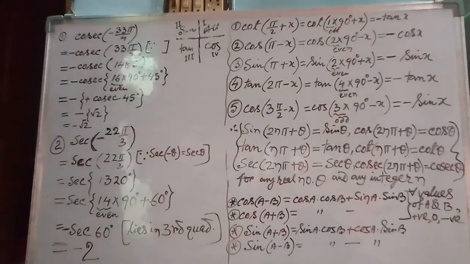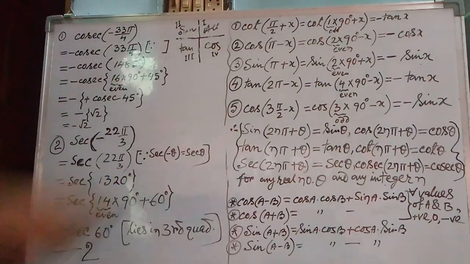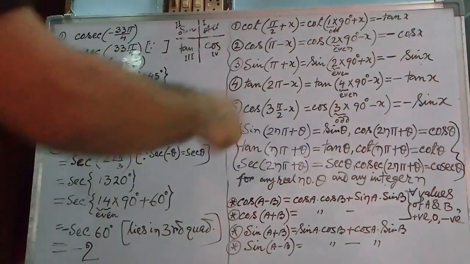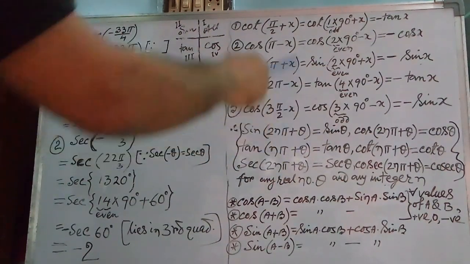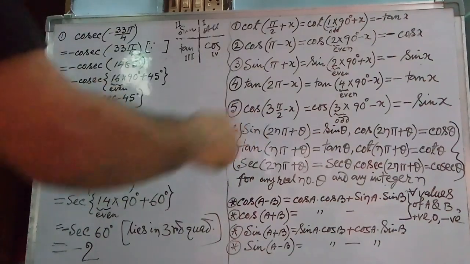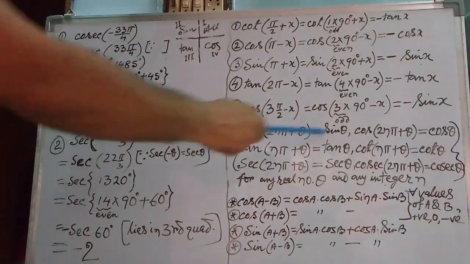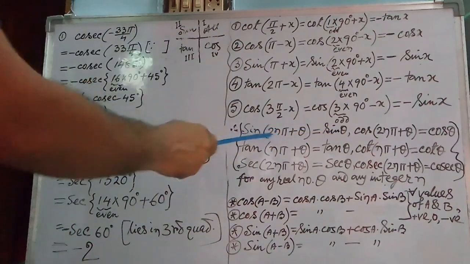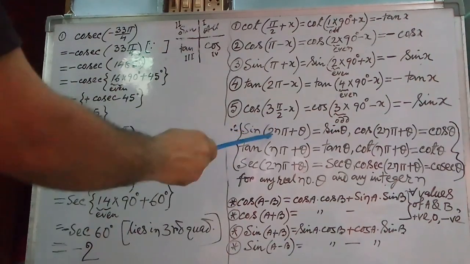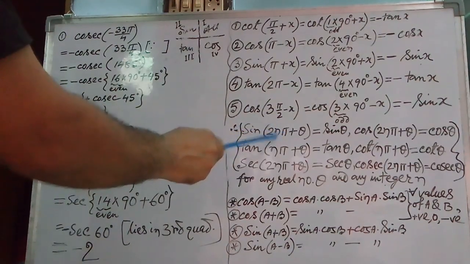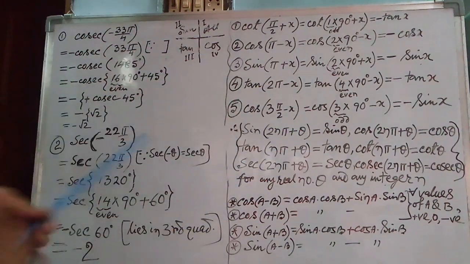Now, from all these results, you can commit them to your memory very easily if you understand this. Sin of 2n pi plus theta is equal to sin theta, where n is any integer and theta any real number.